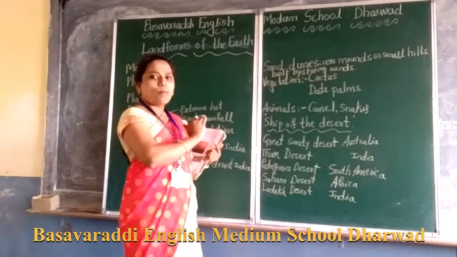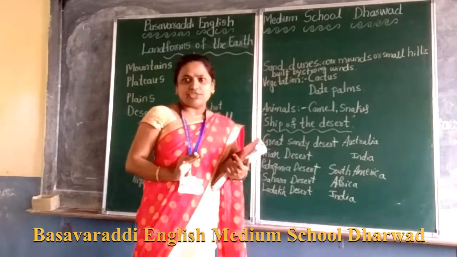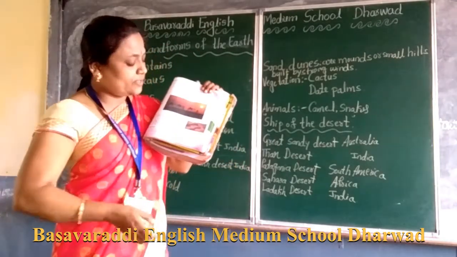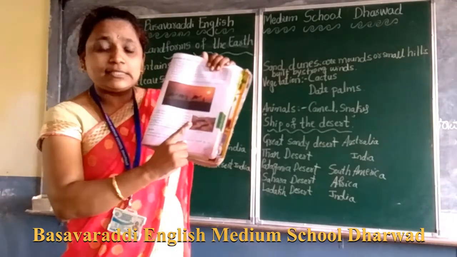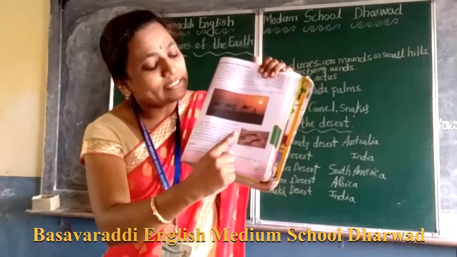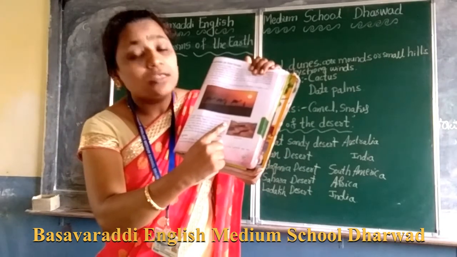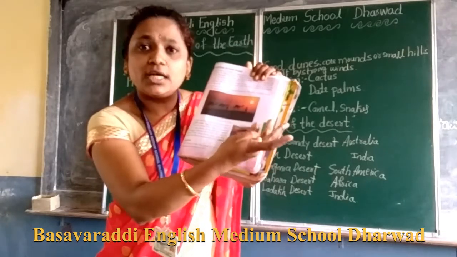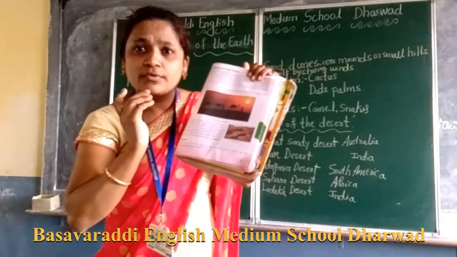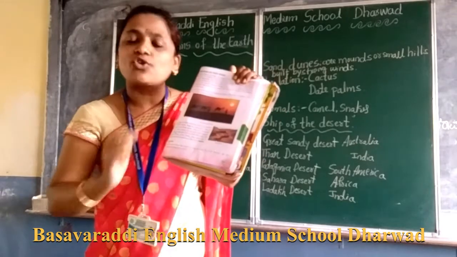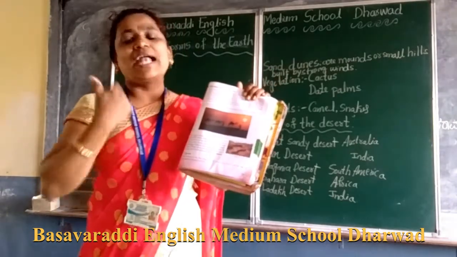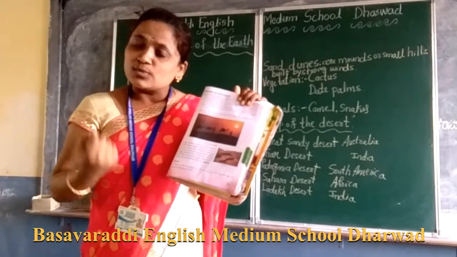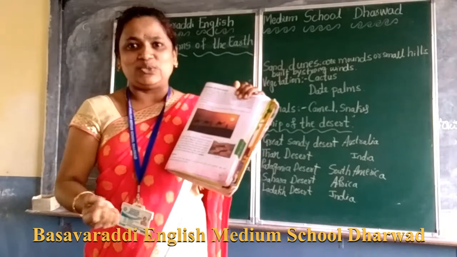Winds flow from one direction to another direction, carrying the sand, from here to here or here to here. These strong winds build sand dunes, or small sand hills, or small sand mounds.